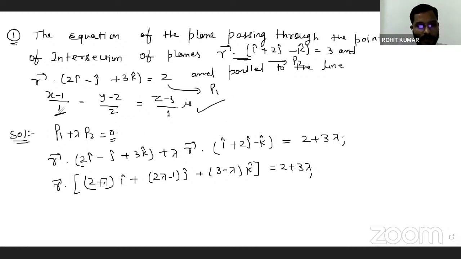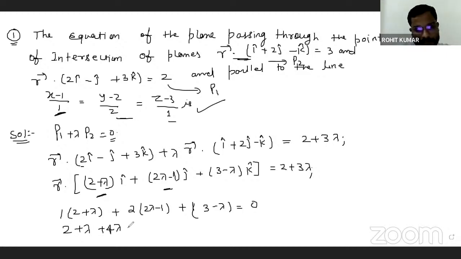So when we take the dot product of (1, 2, 1) with (2 + lambda, 2 lambda - 1, 3 - lambda), this will be equal to 0, because these are the direction ratios of the normal of the plane. If the line is parallel to the plane, the normal of the plane is perpendicular to the line. So 1 into (2 + lambda) + 2 into (2 lambda - 1) + 1 into (3 - lambda) should be equal to 0.